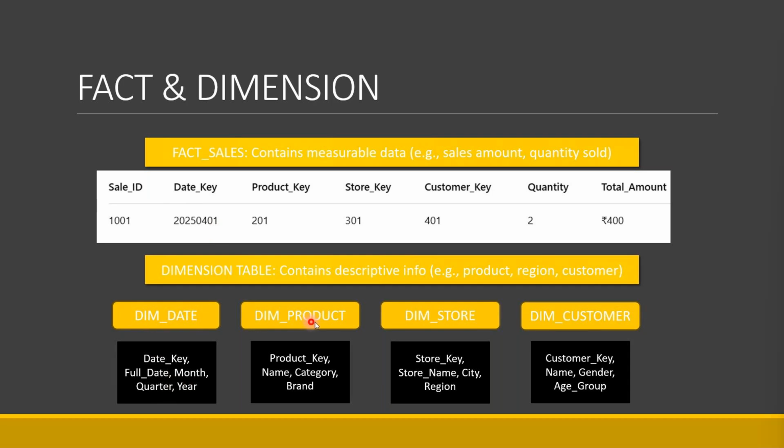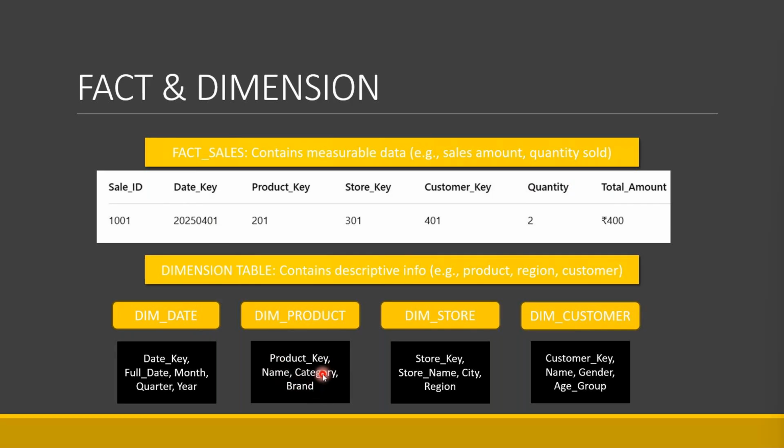Similarly, for dimension product, store, and customer, we have certain information. Product will again have a key column and some descriptive columns. Here, if you see, there are only descriptive columns. There is no quantity or price or any other information. Numerical information is not present in the dimension table.